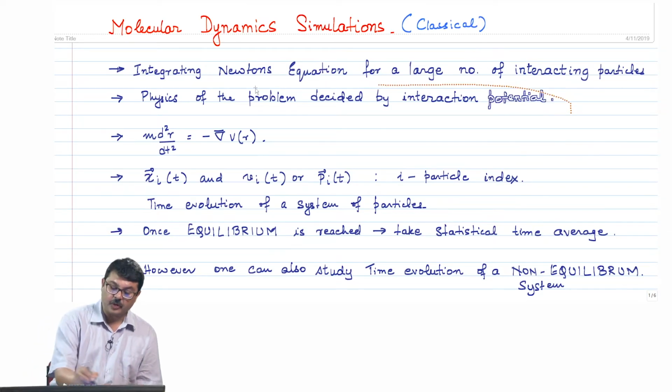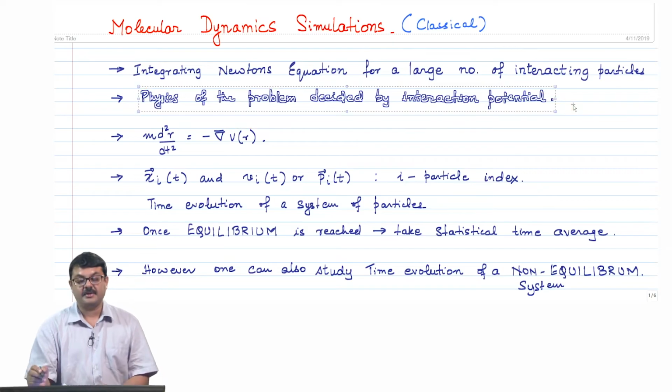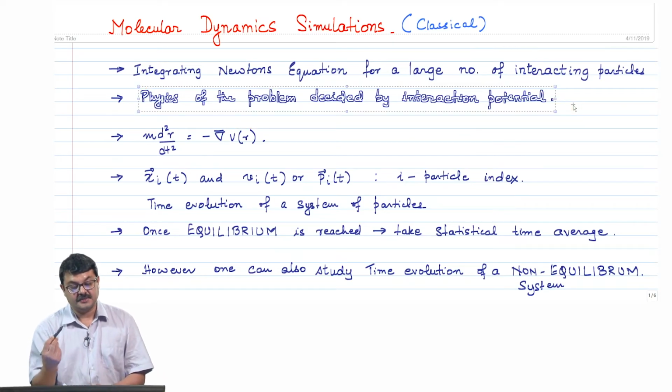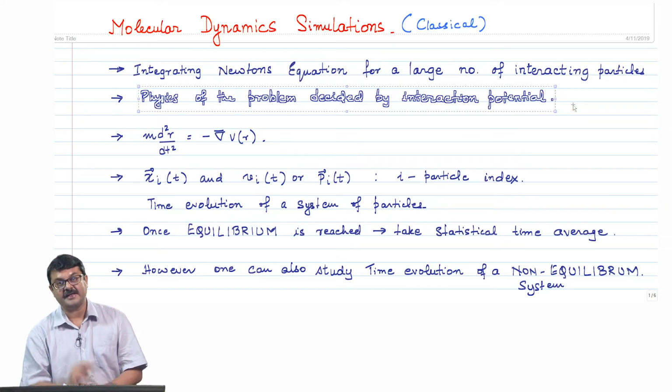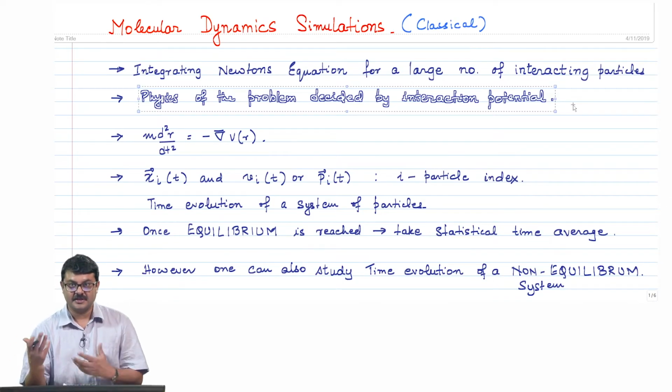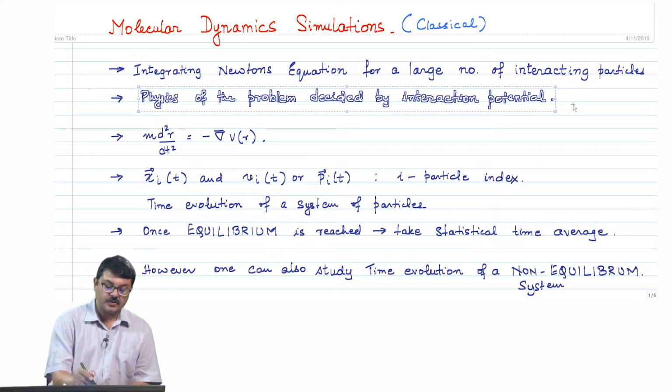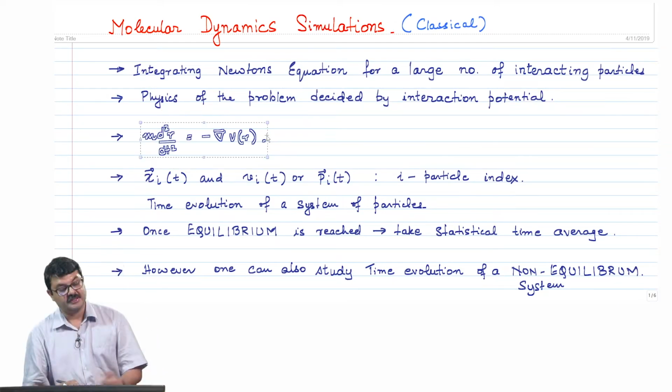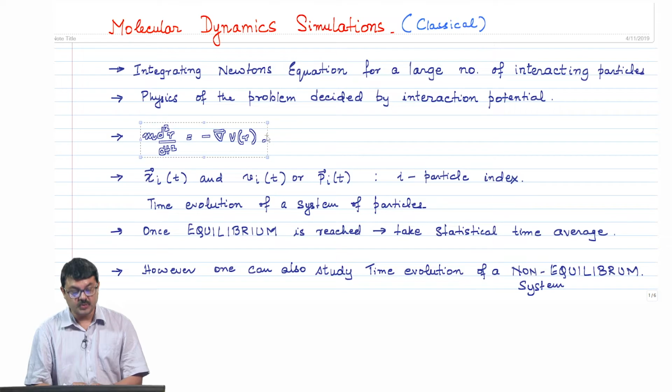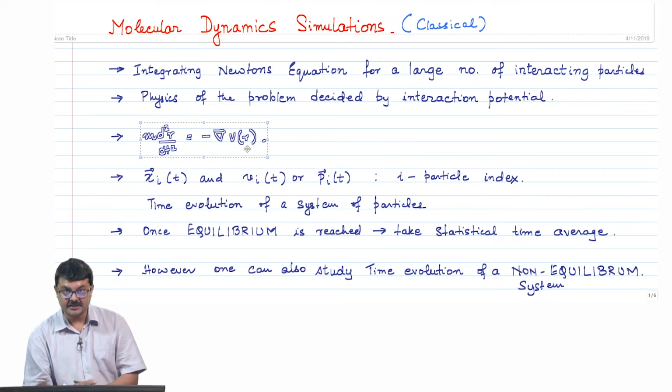The physics of the problem, I mean what you want to study, is decided by the interaction potential. So, depending upon what physics you are studying, you choose different expressions of the interaction potential. So, if you are doing Newton's equation of motion, it is nothing but solving m d2r/dt2 equal to minus grad of V, V being the interaction potential.